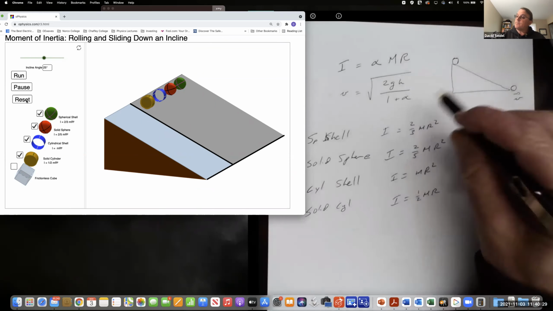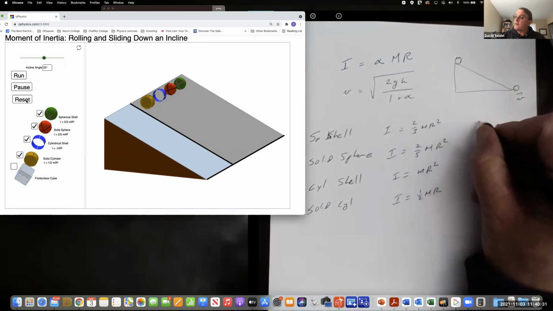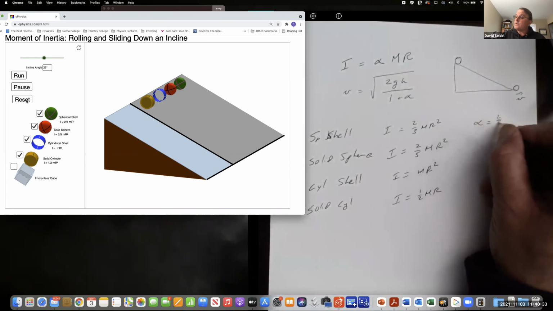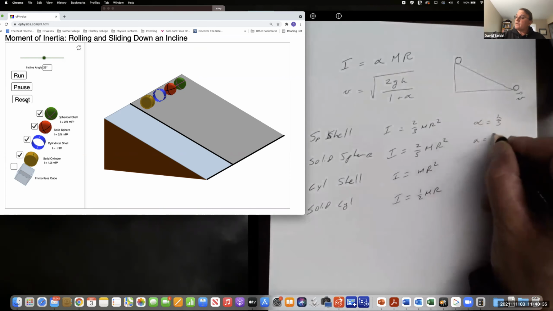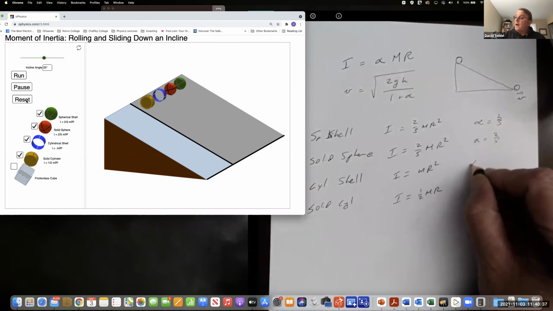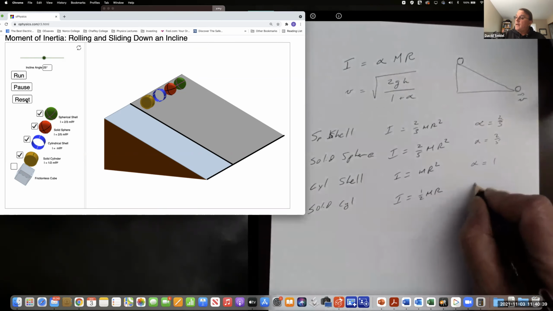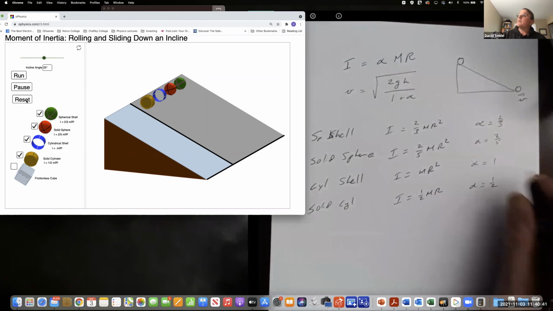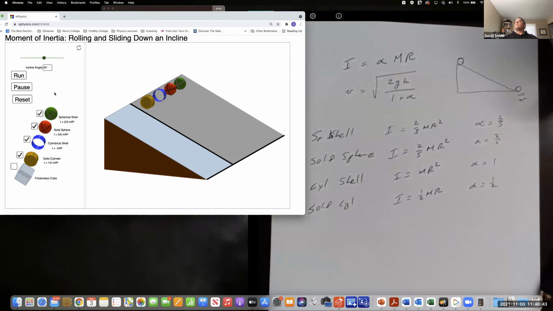In this expression of alpha mr squared, alpha is equal to 2/3, alpha equals 2/5, alpha equals 1, and alpha equals 1/2.